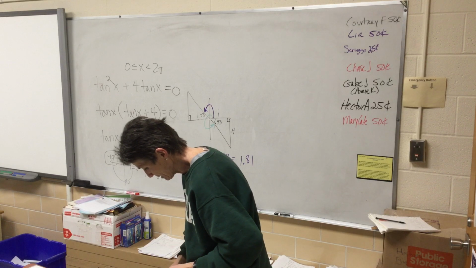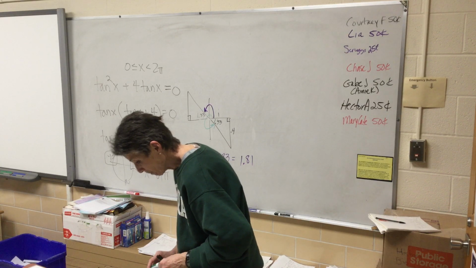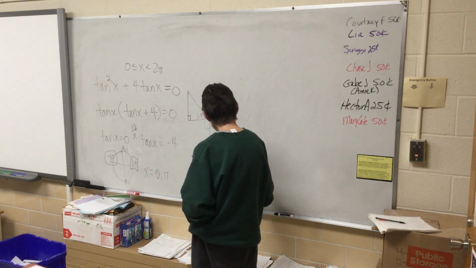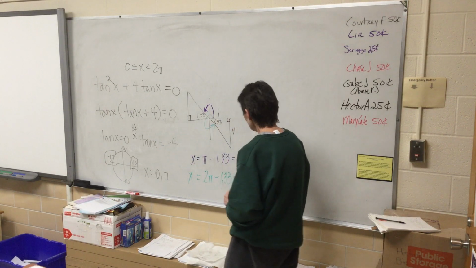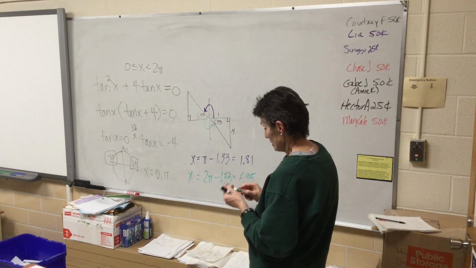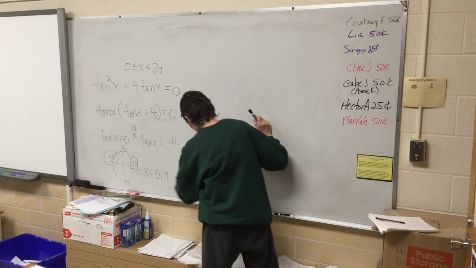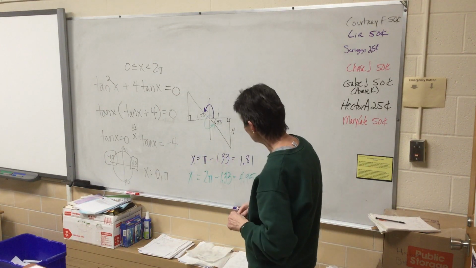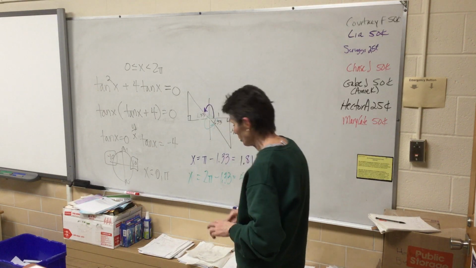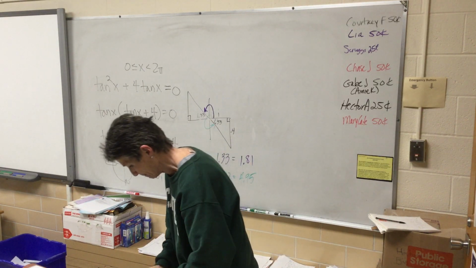So 2 pi minus 1.33 is 4.95. Don't forget, we got these 2 answers in the beginning, so we actually have 4 answers to this problem: 0, pi, and then the purple and the green.